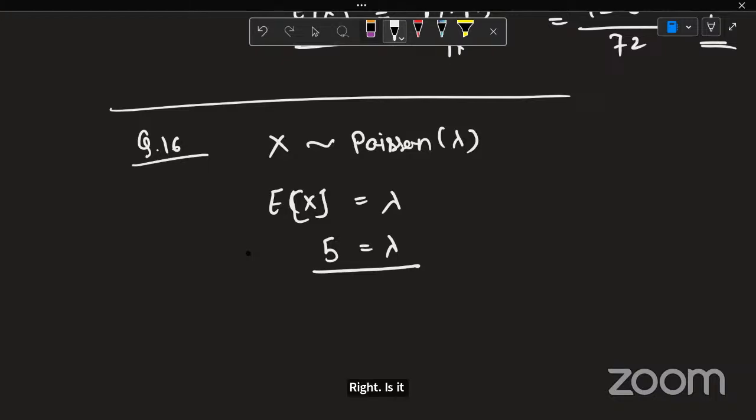Ma'am, unlike this question, is it necessary that they will always say that it's using Poisson? Sorry, can you write in the chat? Your voice is not clear.